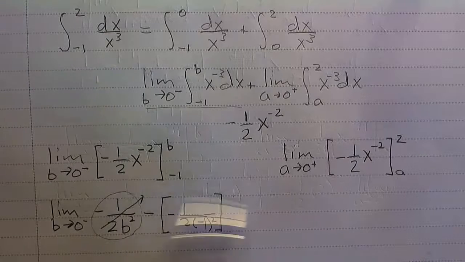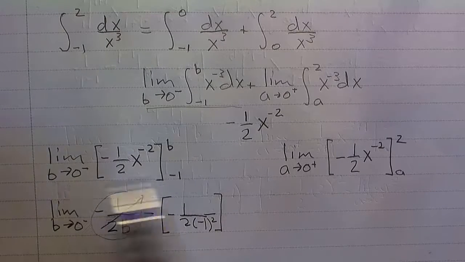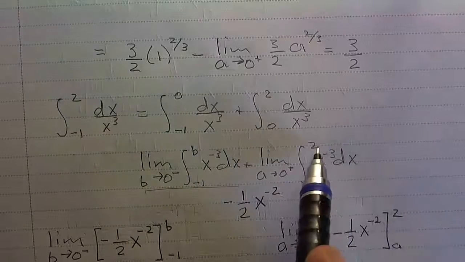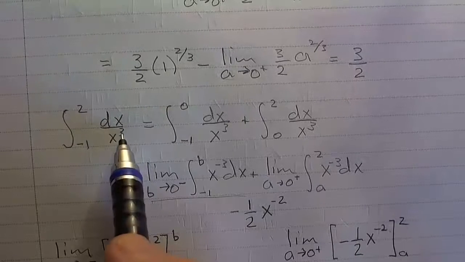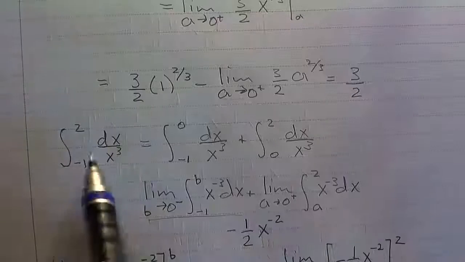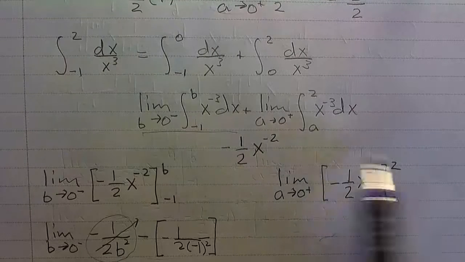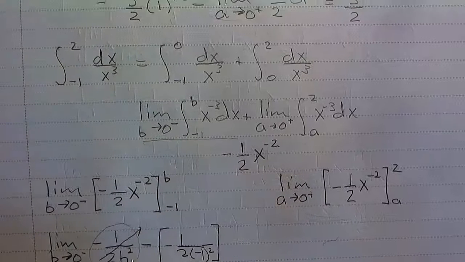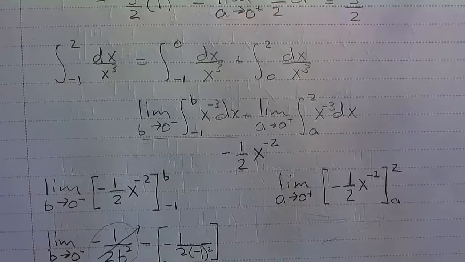Now, if any part diverges in this process, we say the whole integral diverges. So this integral right here diverges because this part of it diverges. So we're done with this problem. We could go over and work this out and see what happens here, but we don't need to. As soon as we find one part diverges, the whole thing diverges.